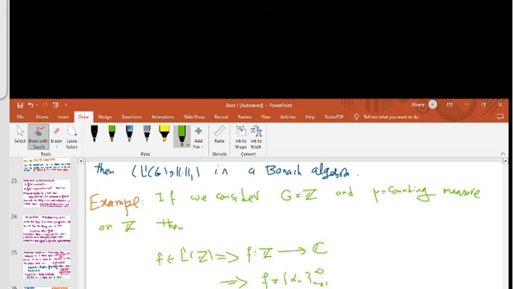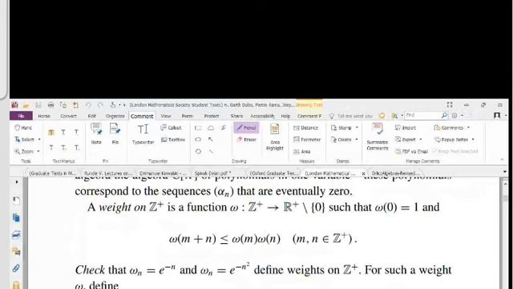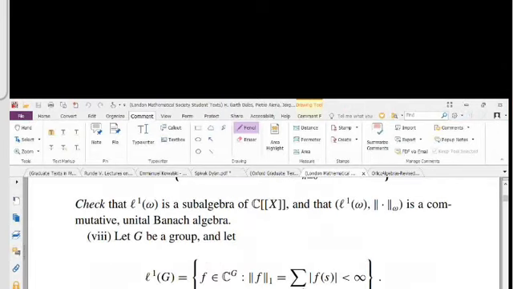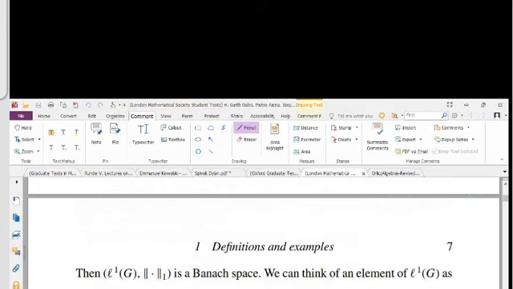And for any f in L1 of Z, then norm 1 of f equal to this summation, f of n, n equal to minus infinity to plus infinity, and by this notation this is equal to this summation. Or we can consider from 0 or 1.